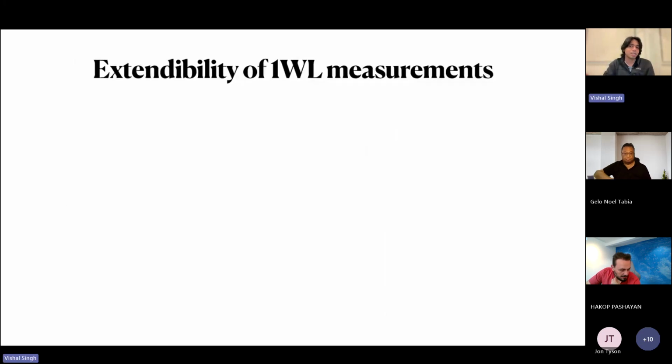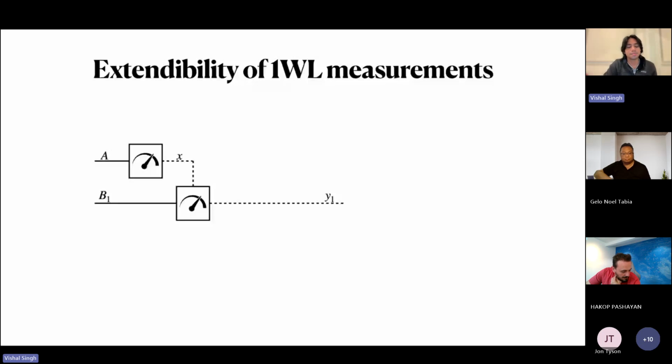Okay, so extendability of one-way LOCC measurements is like we talked about in channels, where you can symmetrically extend Bob's lab. A similar thing you can do here. This is almost the same diagram as k-extendible one-way LOCC channels.